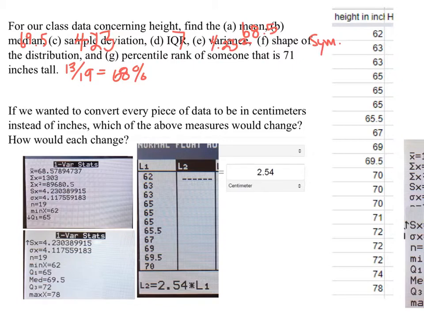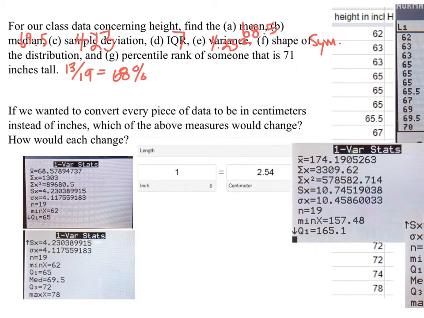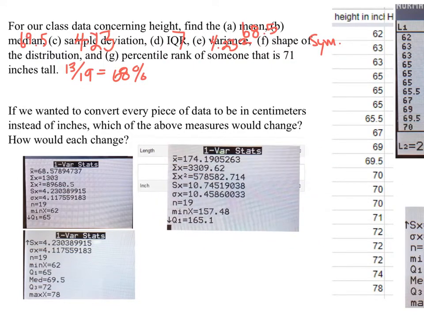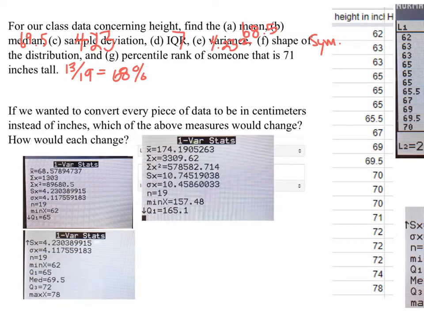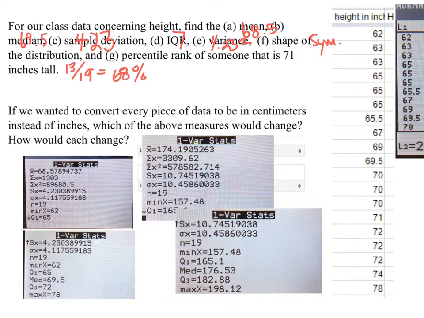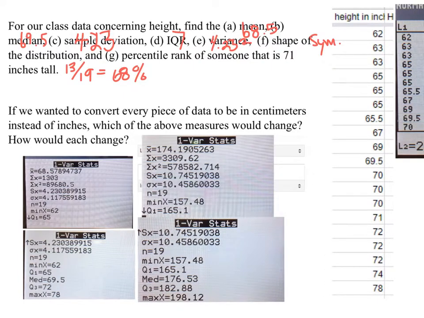So then, if you wanted to do one variable stats on this new set of data, you get your new numbers like this. And for the most part, you could see that the mean was 68.5, now it's 174. It was multiplied by 2.54.